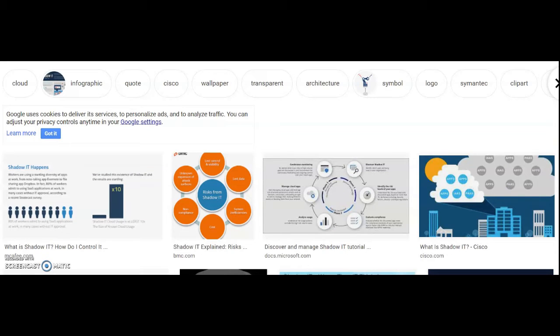It has grown exponentially in recent years with the adoption of cloud-based applications and services such as Dropbox and Skype. While Shadow IT can improve employee productivity and drive innovation, it can also introduce serious security risks to organizations through data leaks, potential compliance violations, and more.